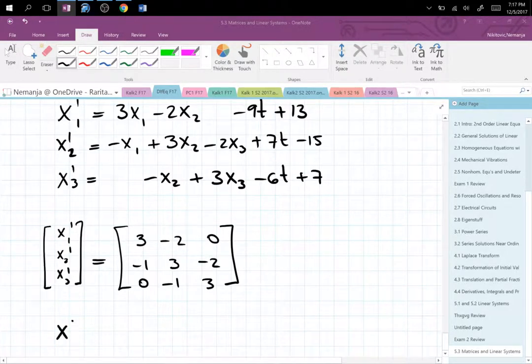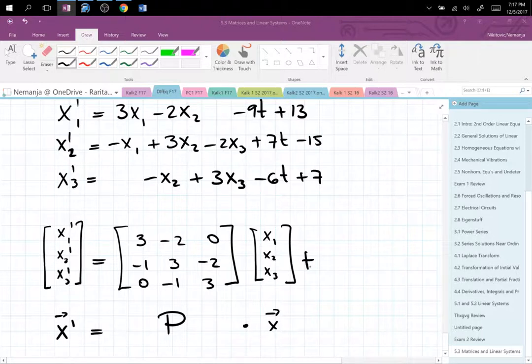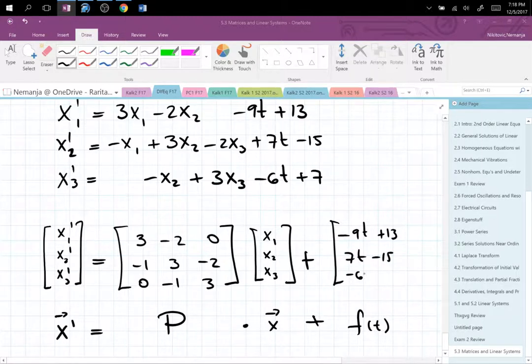So this is my x prime vector equal to matrix P times the vector x, which is x1, x2, x3, plus f of t, which is negative 9t plus 13, 7t minus 15, and 6t plus 7.